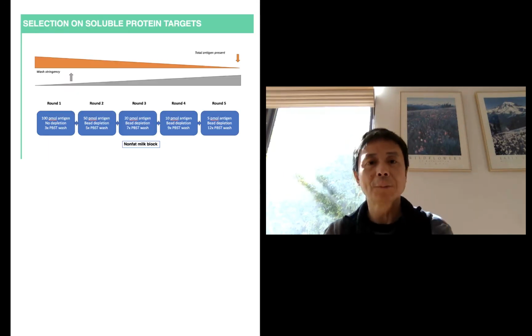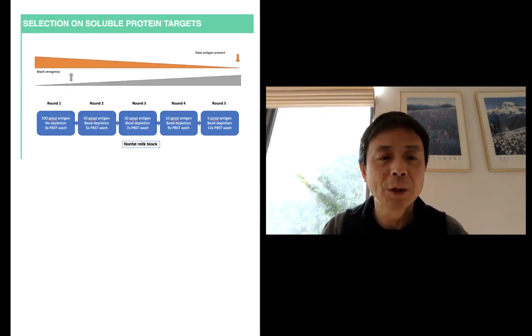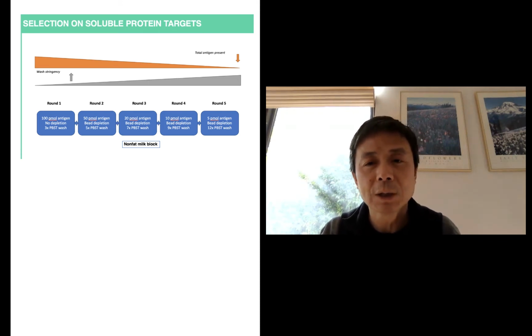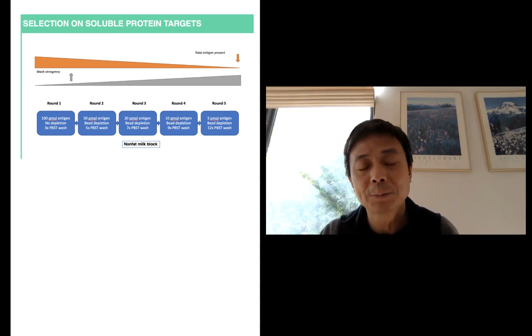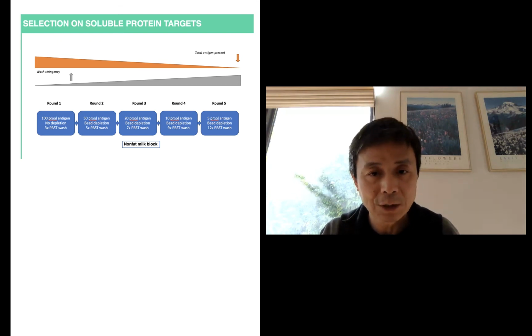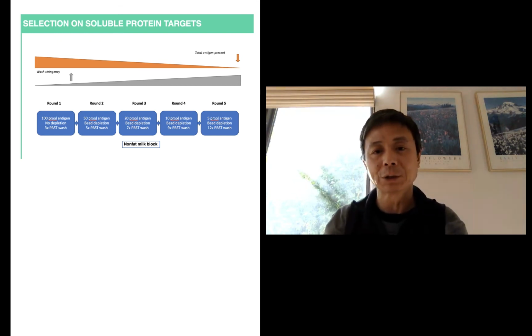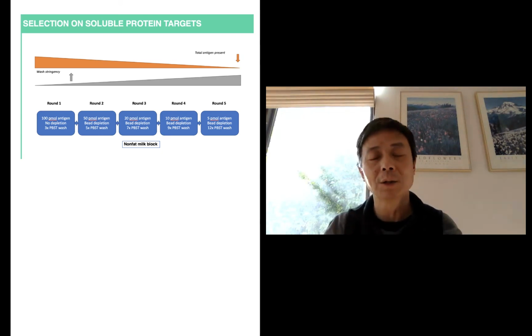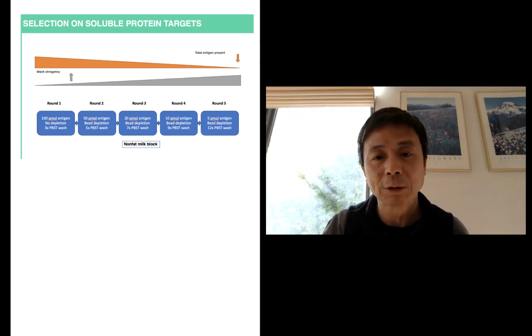For soluble protein selection, we normally use increased washing stringency, as you can see here, together with decreased antigen for the target. This way we can increase the overall stringency of the selection. We normally do 5 rounds, but sometimes we only screen round 3 or round 4.